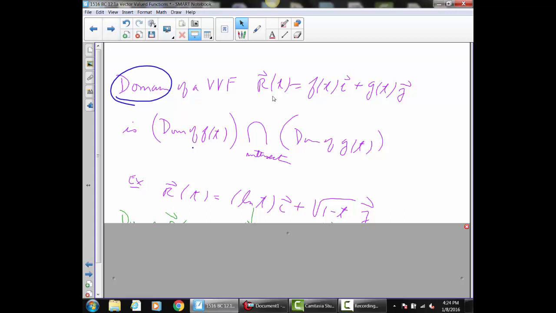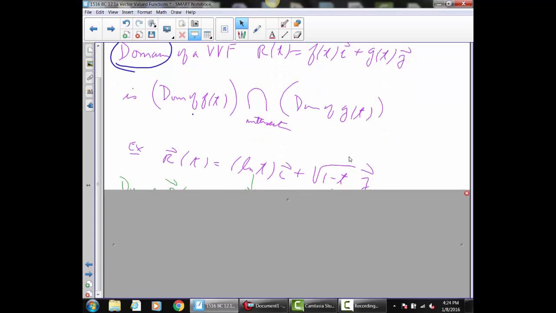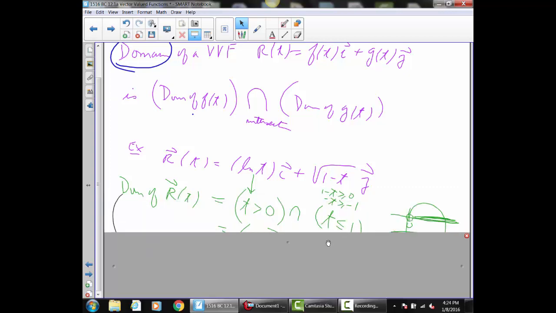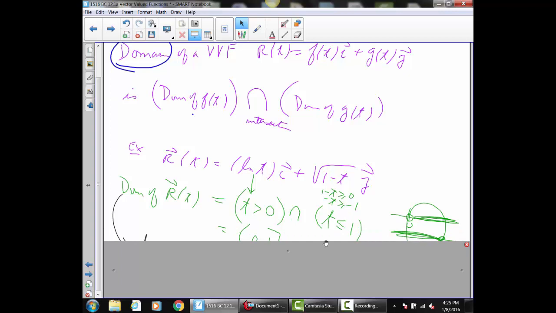The domain of a vector valued function is going to be the domain of f of t intersected with the domain of g of t. As an example, if you have r of t equals ln of t i plus square root of 1 minus t j, the domain of that vector valued function will be the intersection of the domain of ln of t, where of course t has to be greater than 0 because you can't take the log of a negative, and the domain of the square root of 1 minus t.